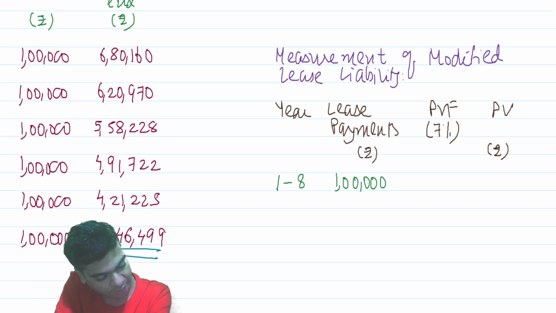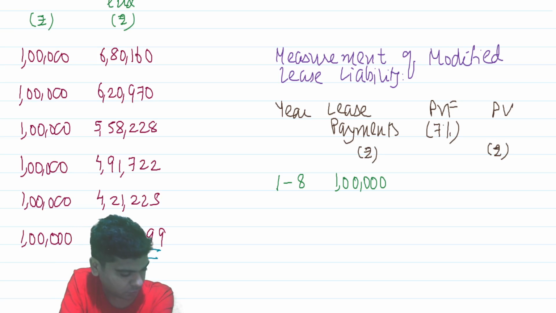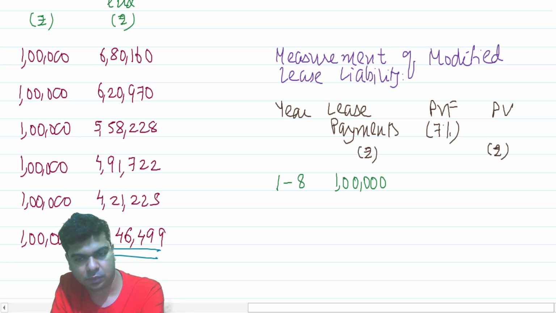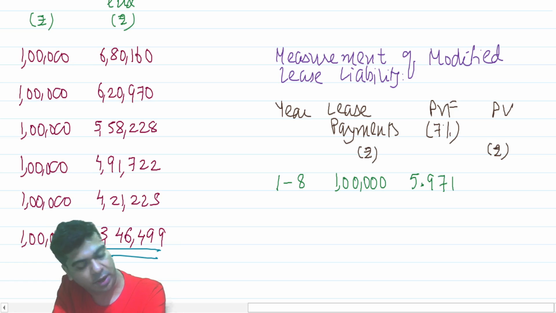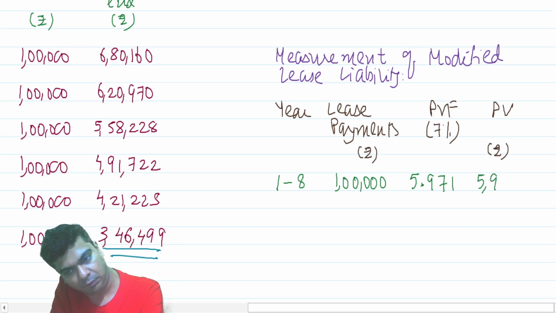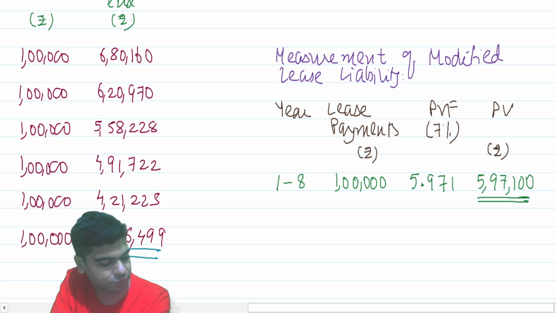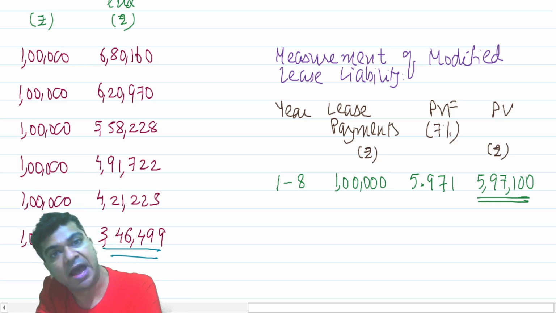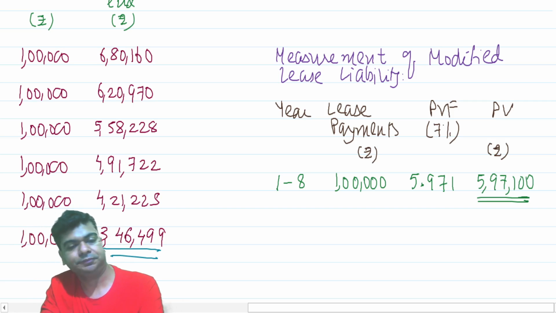Let's work out the cumulative present value factor. 5.971, right? So this will give me 5,97,100.